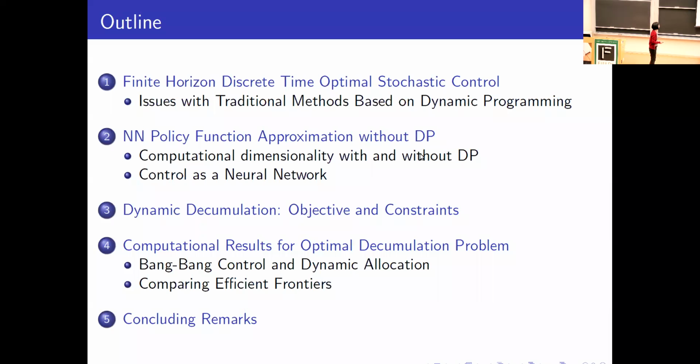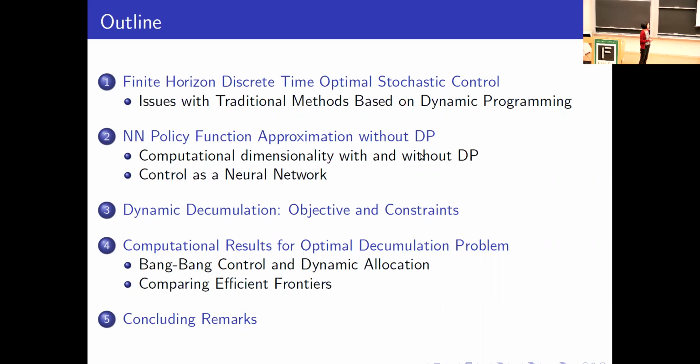Okay, so here's a very quick outline of my talk. I'm going to describe the class of problem I'm interested in solving: a discrete time, finite horizon, optimal control problem. And I'm going to talk about a new approach that we've been following that uses a neural network with policy function approximation, but without dynamic programming.